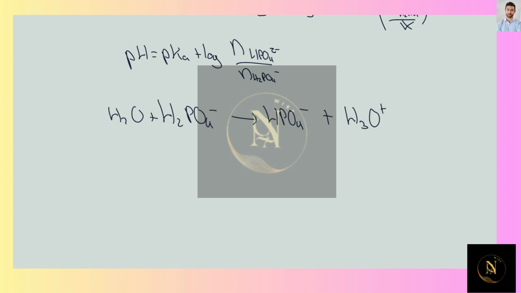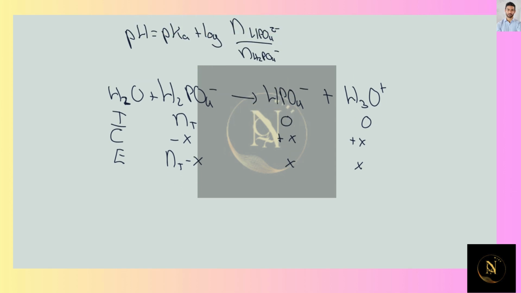We're going to write down our ice table, where water is going to be neglected because it is a condensed phase and it is not going to enter the equilibrium equation. So we're going to put as initial value of amount of mole nT and 0. Let's say that we initially have nT and 0. The amount of change is the fraction that is going to be transformed into HPO4 2 minus, plus x. And at equilibrium, we're going to get nT minus x, and x.